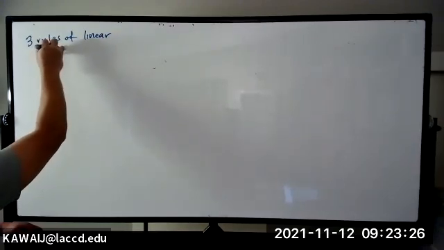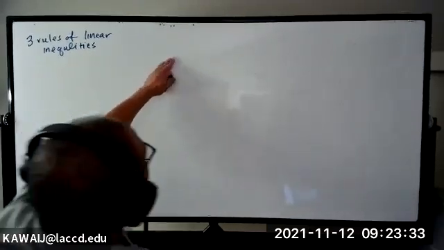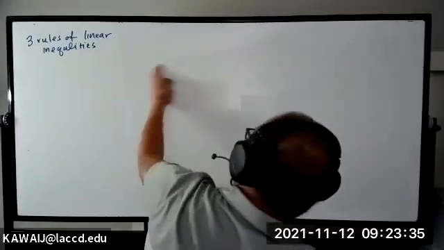Now, in terms of inequalities, there's basically three rules. Three rules of linear inequalities. Now, before we talk about the rules, let's actually write down a problem for linear inequalities.